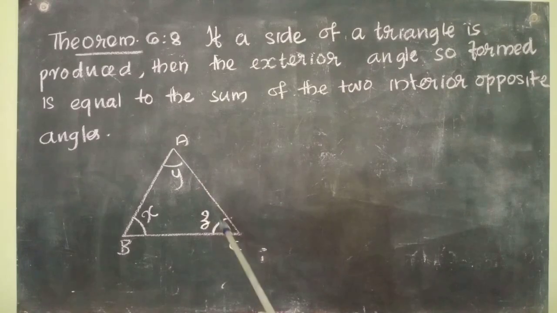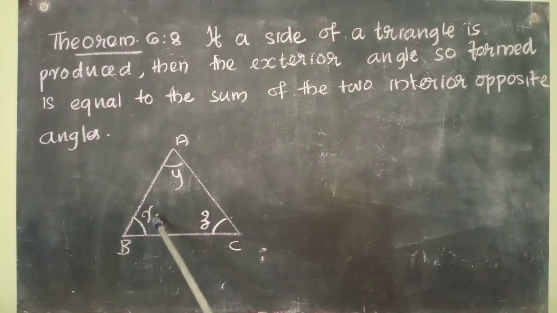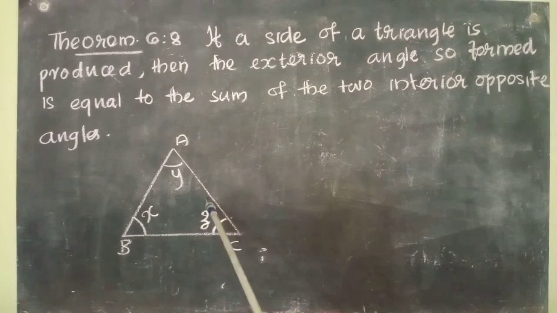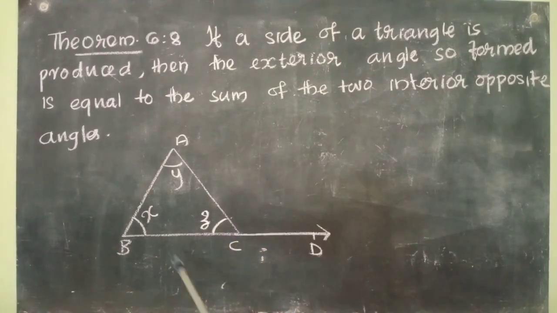Here I have drawn triangle ABC with interior angles X, Y, Z. Now I am going to produce any one of this side. I am going to extend this BC. So now the side BC is extended to the point D.